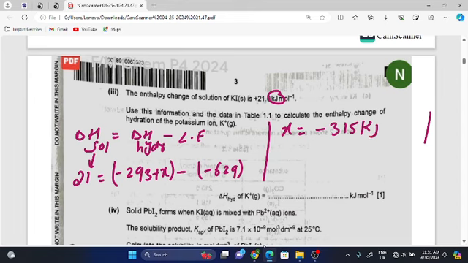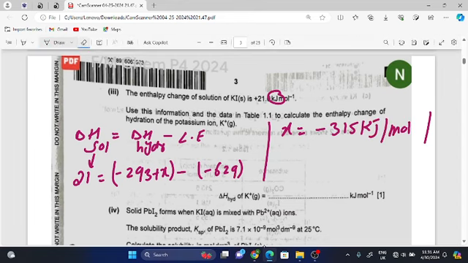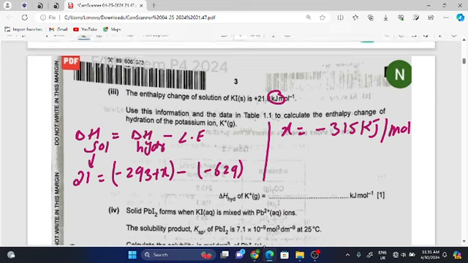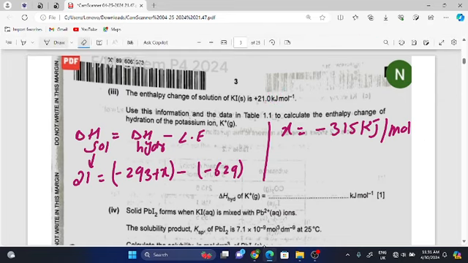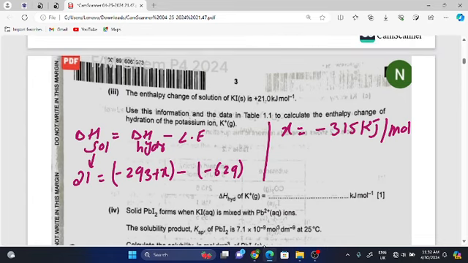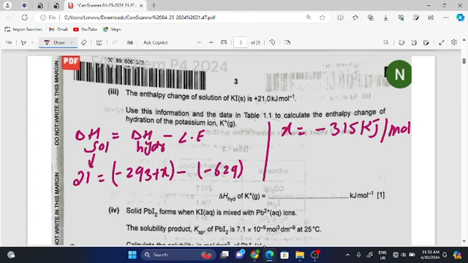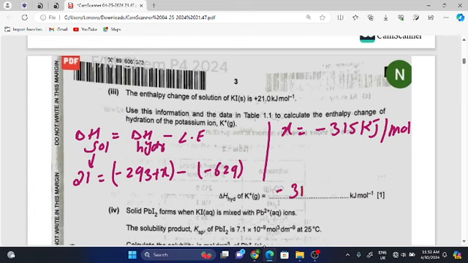Once you are giving the final answer, be sure to confirm whether your question asks for the standard unit, kilojoule per mole, or not. If some other unit is given, then you must convert your answer into the required one. Here, all my data is in kilojoule per mole, so I can use it directly. Negative 315 kilojoule per mole is the answer.